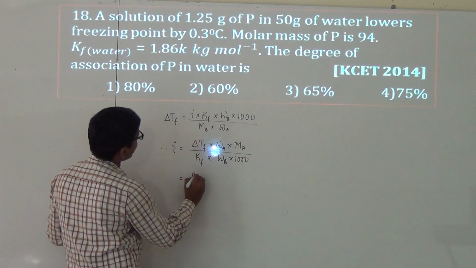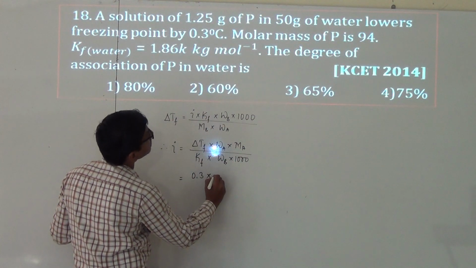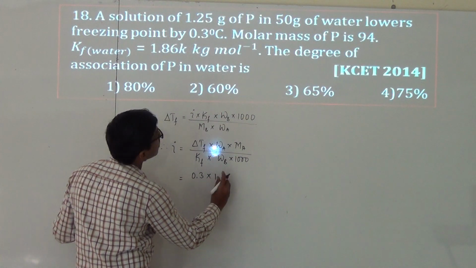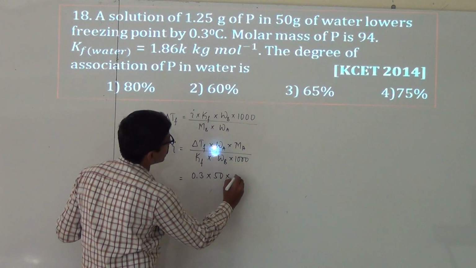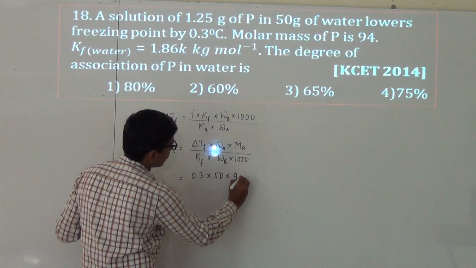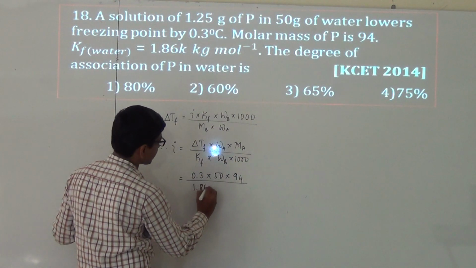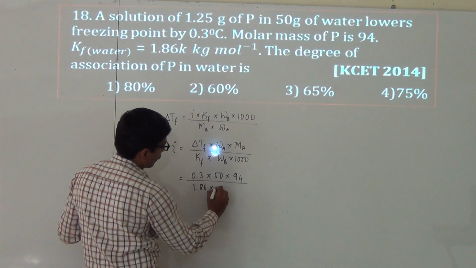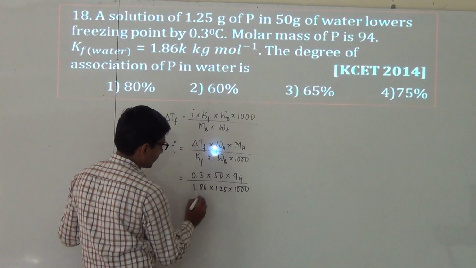Here delta TF is 0.3, WA is water 50 gram, into MB is 94, divided by KF value is 1.86 into 1.25 into 1000.